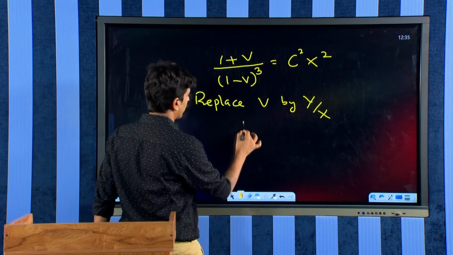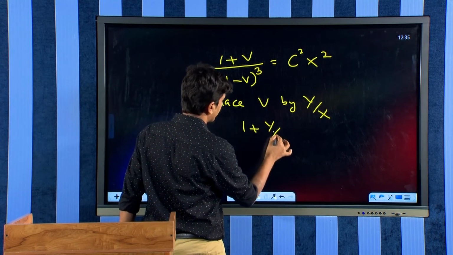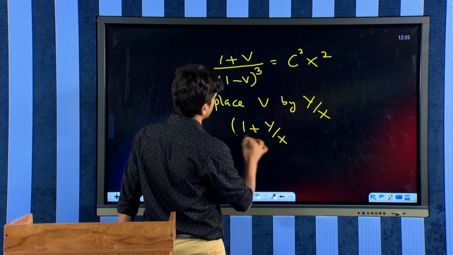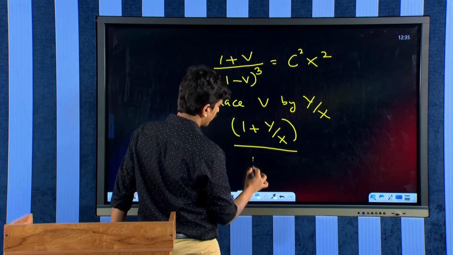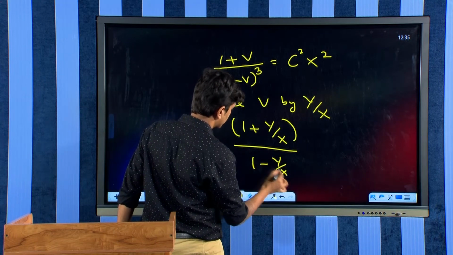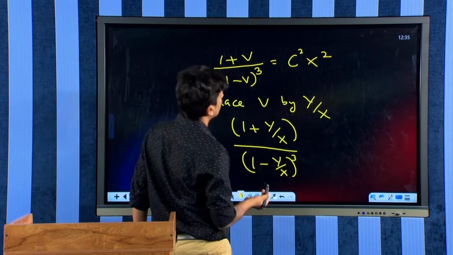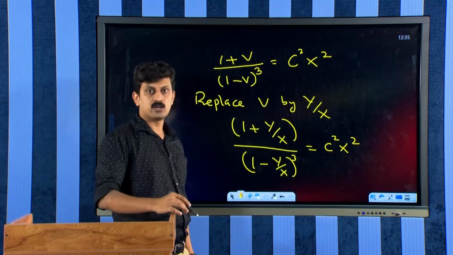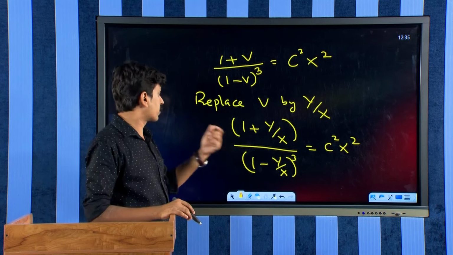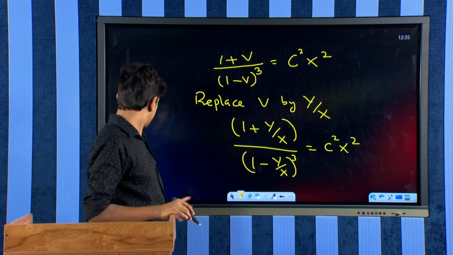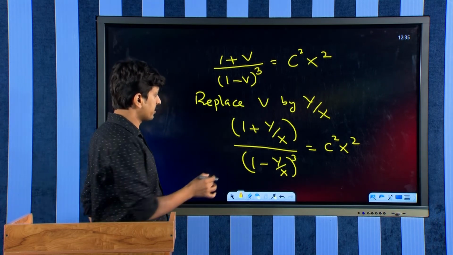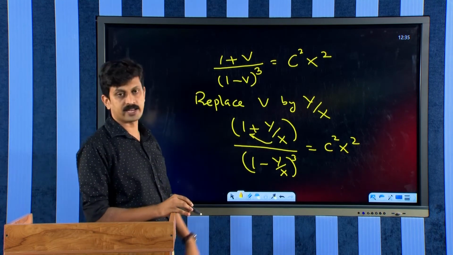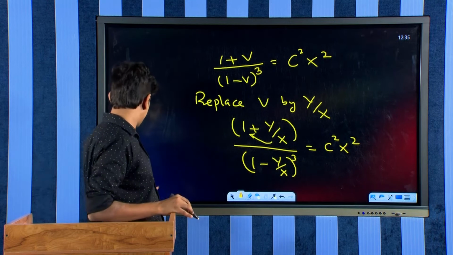So, we replace: (1 plus y by x) divided by (1 minus y by x) whole cube is equal to c square x square. See, 1 plus y by x, we can write this as x plus y divided by x.